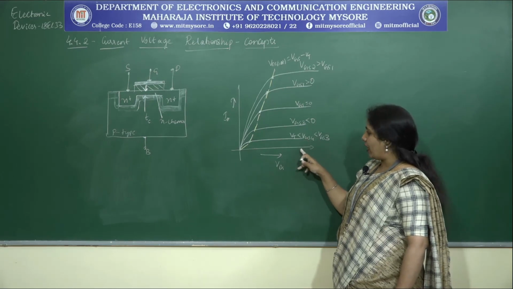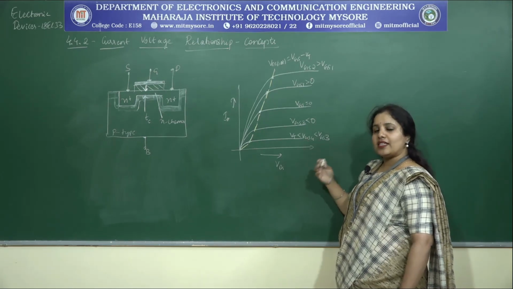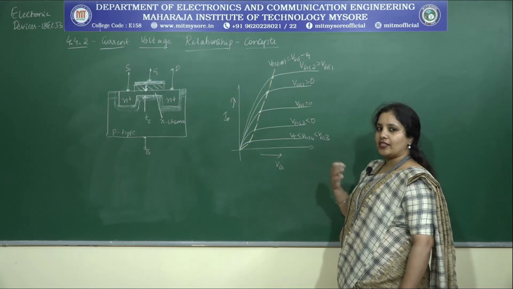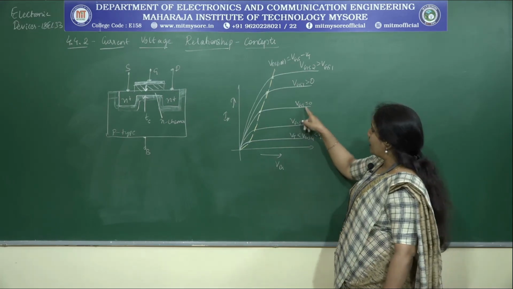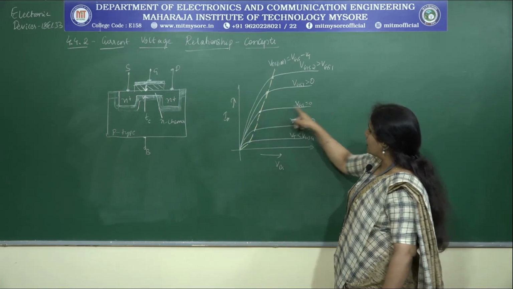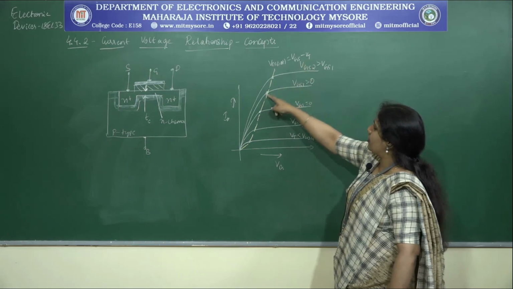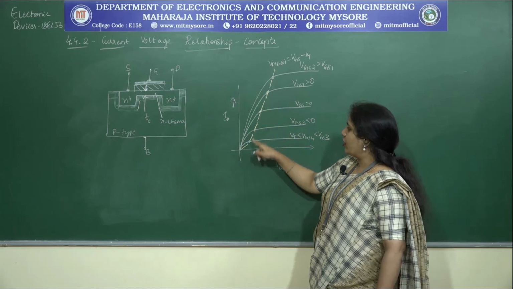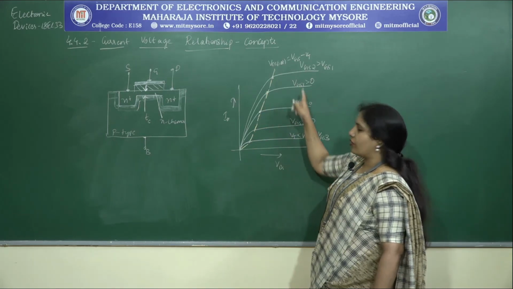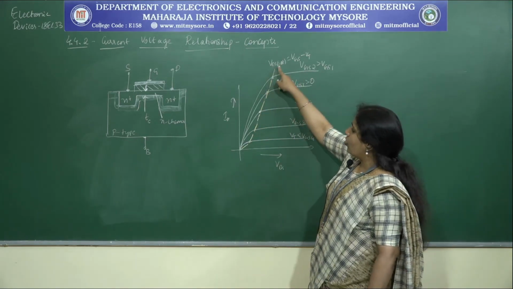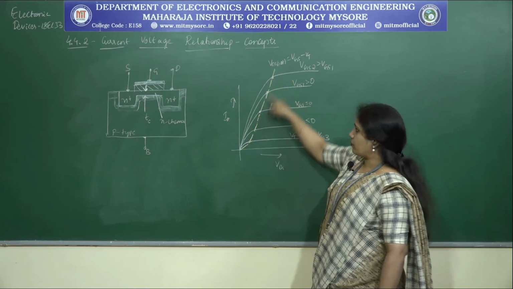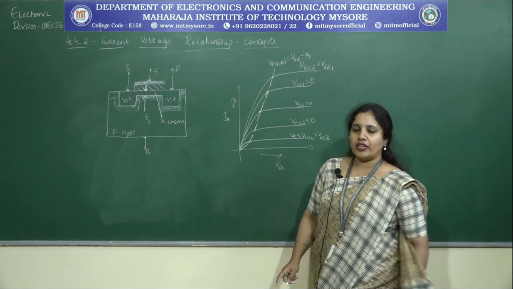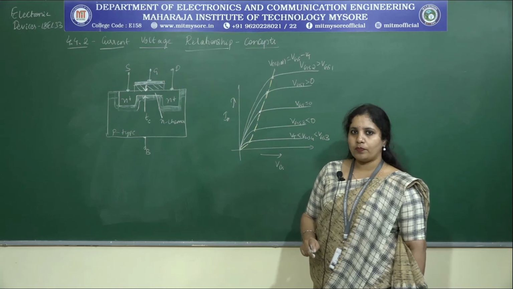Only when I make my VGS way less than VT, then I can see no current in the device. When VGS is equal to 0, you can still see a current. When it is greater than 0 also, you can see the current. And these are the points where it is reaching saturation for different values of VGS. If I connect all of them, that particular plot indicates the transconductance plot.